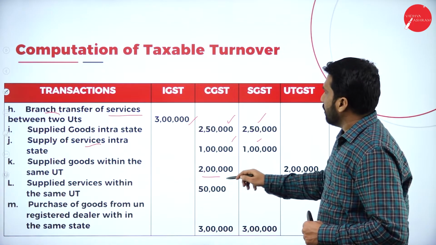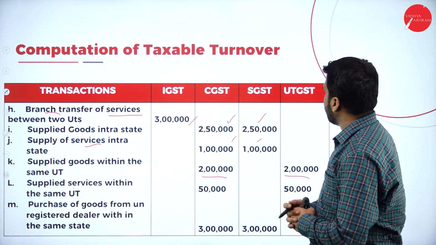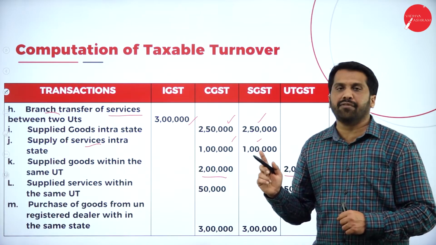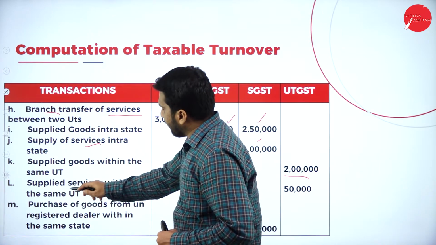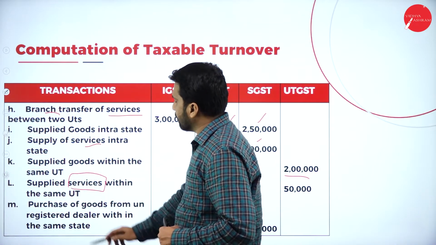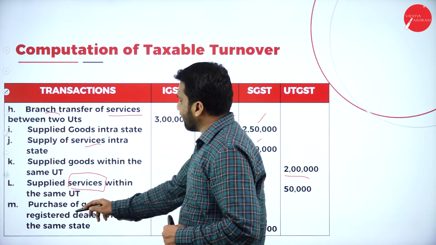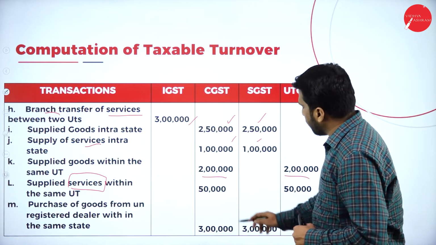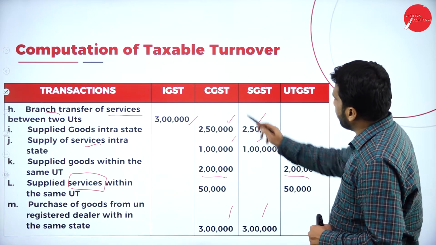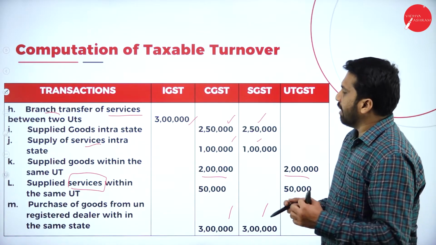As I told you, CGST and UTGST both will apply if it is within. Next, and again it is what? Services. Purchase of goods from unregistered dealer within the same state. Then it will be what? Again, it will be CGST and SGST.